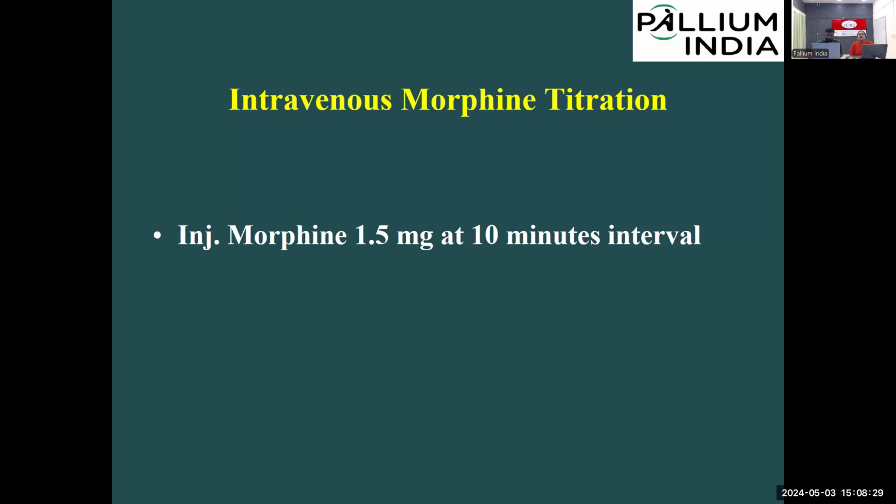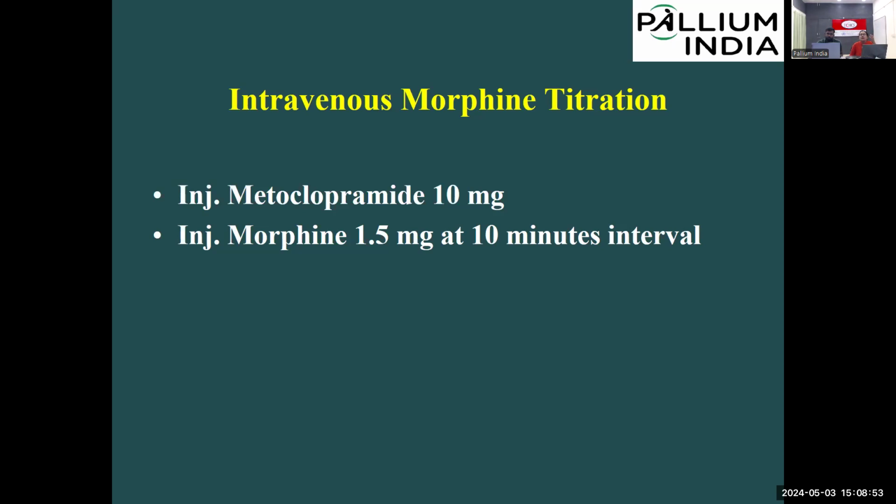And before starting the titration process, we need to give the patient injection metoclopramide. Morphine can produce emesis, so an antiemetic needs to be given before starting the morphine titration. Injection metoclopramide 10 milligram is given before starting the titration process.